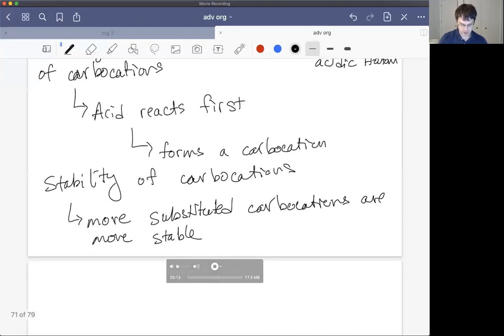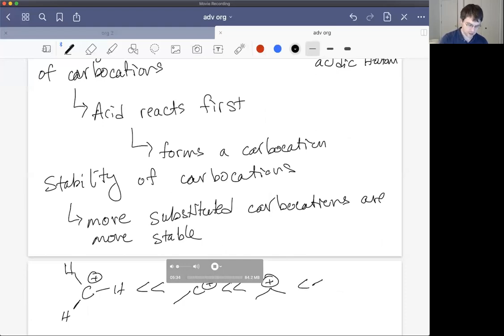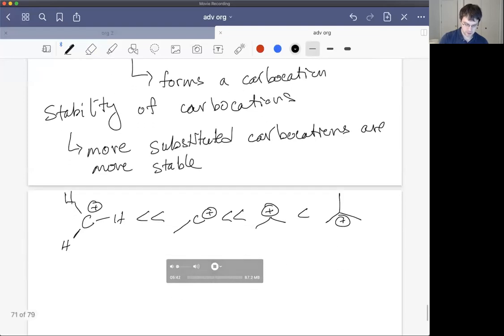And what this is referring to is that if you've got a carbocation on methyl, then you probably don't know your mechanism correctly. That's far less stable than a primary carbocation, which is even far less stable than a secondary carbocation. And then the most stable of all is the carbocation with 3 groups attached to it.